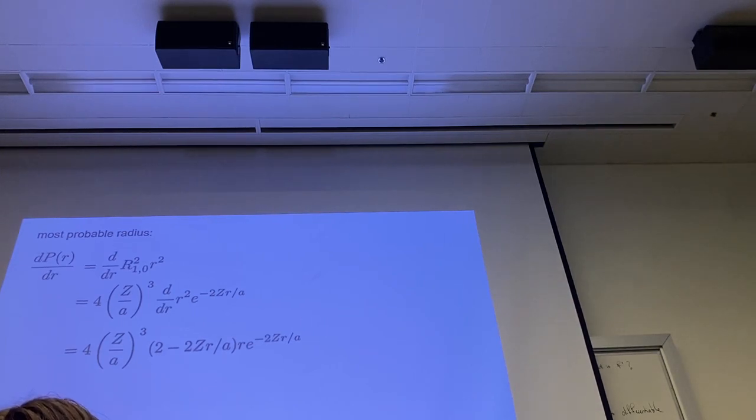That's actually not so hard, because it turns out that the location is simply a over z. Since z equals 1, where z is the positive charge of the nucleus, I simply have this. This is the most probable radius. This a here, with all these prefactors that you didn't like last time in the lecture because you thought, too many letters, turns out that a is actually the most probable radius to find the electron in the hydrogen atom.